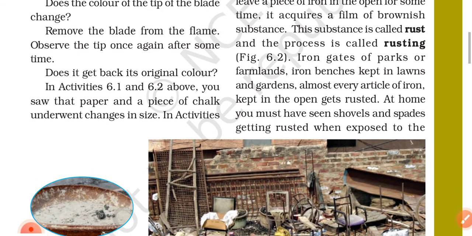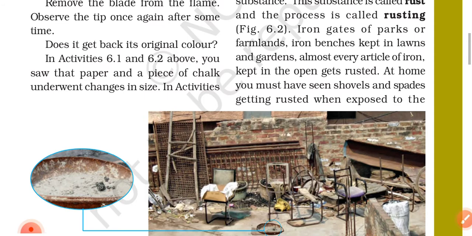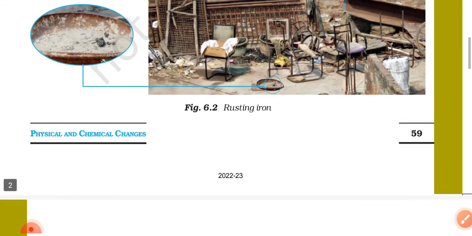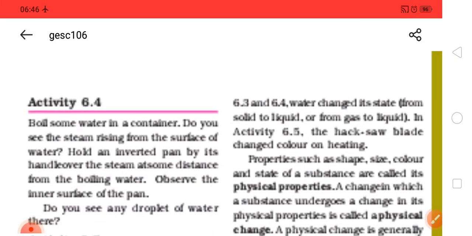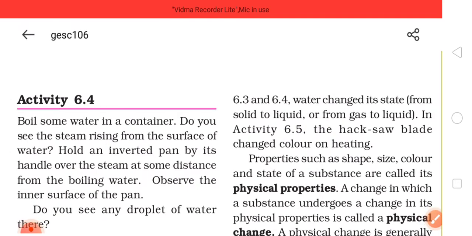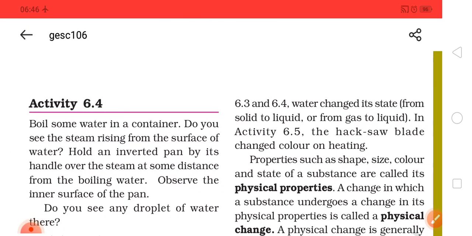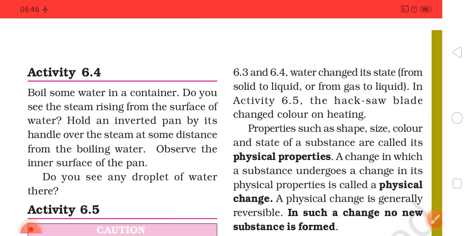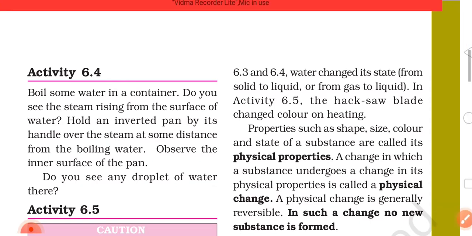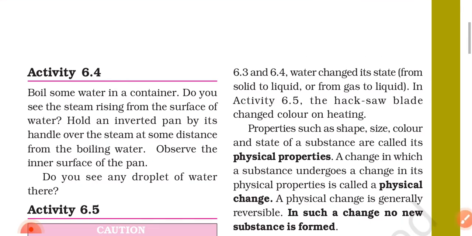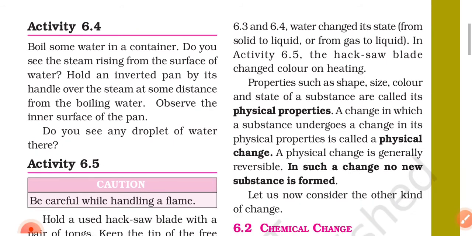In activities 6.1 and 6.2 above, you saw that paper and a piece of chalk underwent changes in size. In activities 6.3 and 6.4, water changed its state from solid to liquid or from gas to liquid. In activity 6.5, the hacksaw blade changed color on heating.